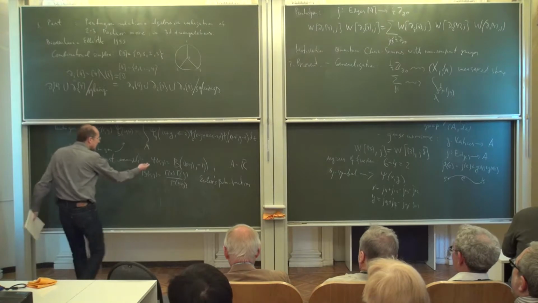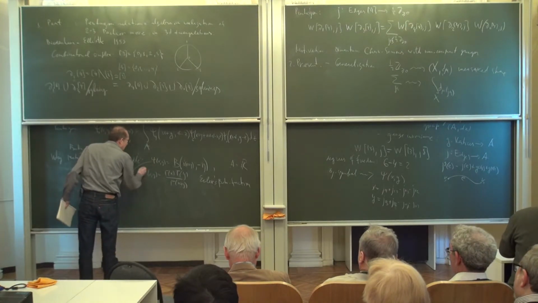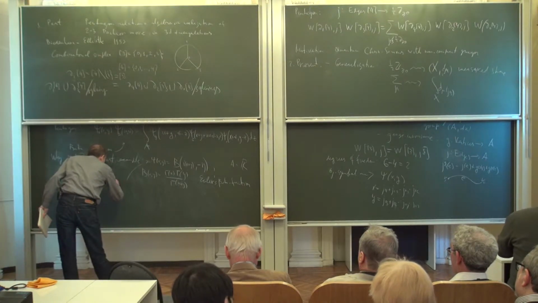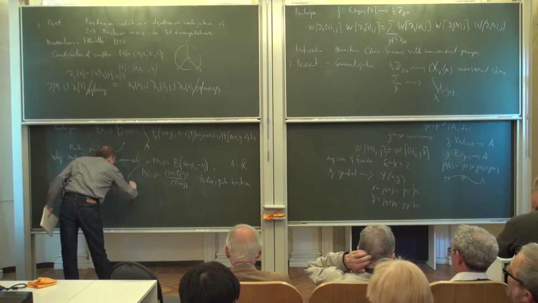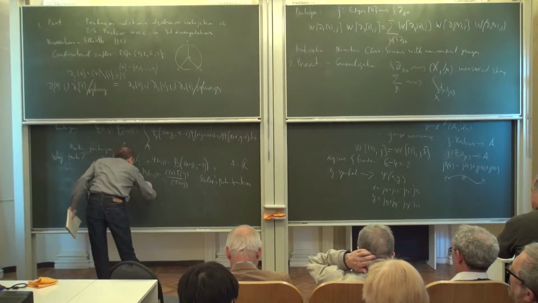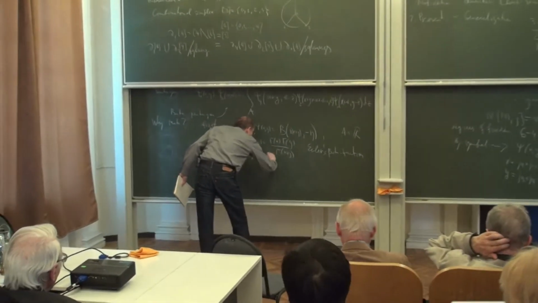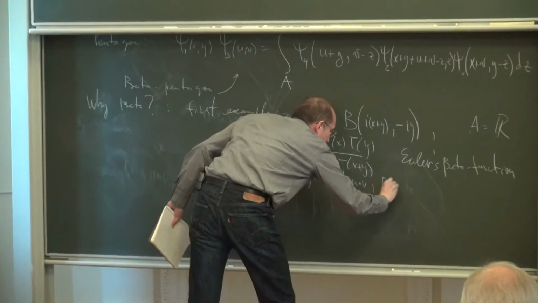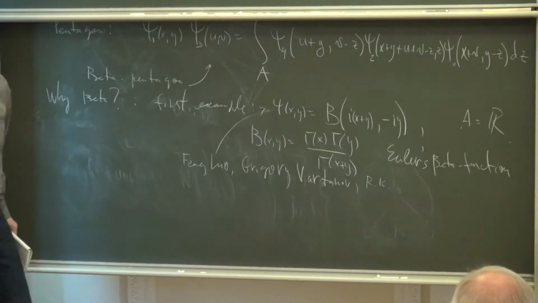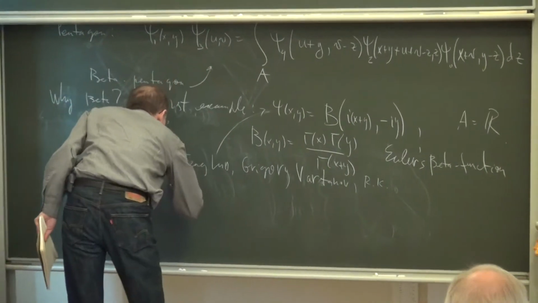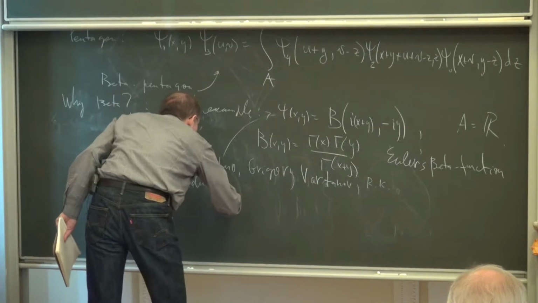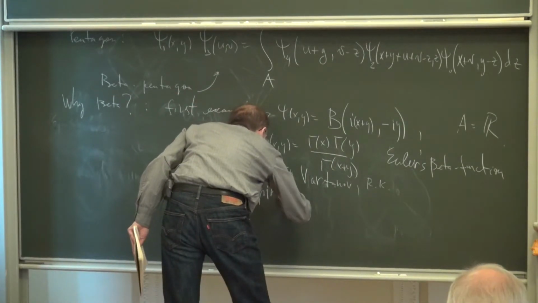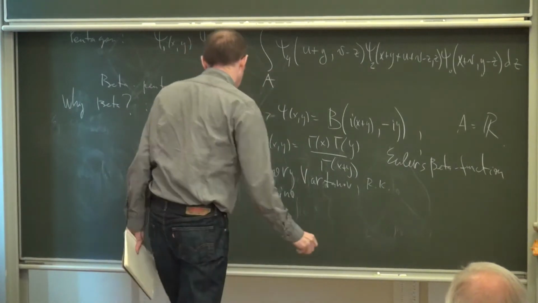And actually, the origin of this solution is due to myself and Feng Luo and Grigory Vartanov. And the identity was proved by using Spiridonov's famous elliptic beta identity.